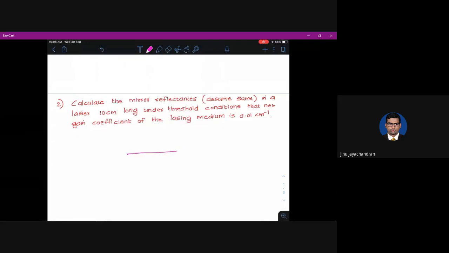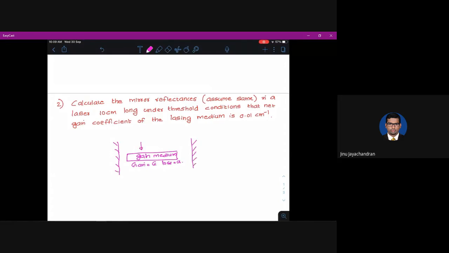You have this gain medium which has a gain equal to G and loss equal to alpha, and on both sides you have a mirror.